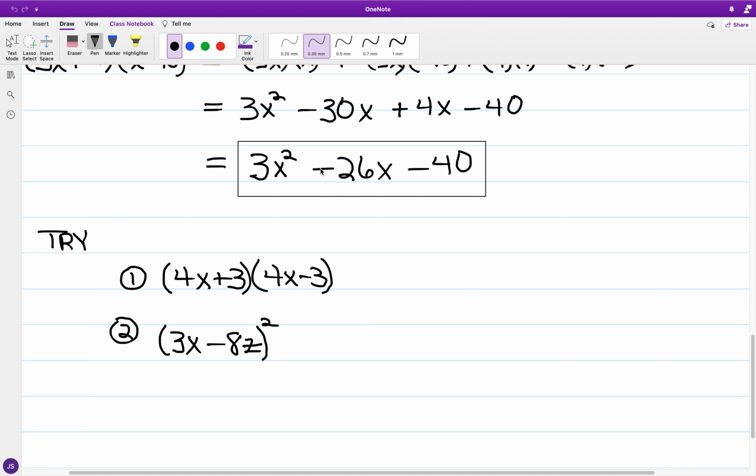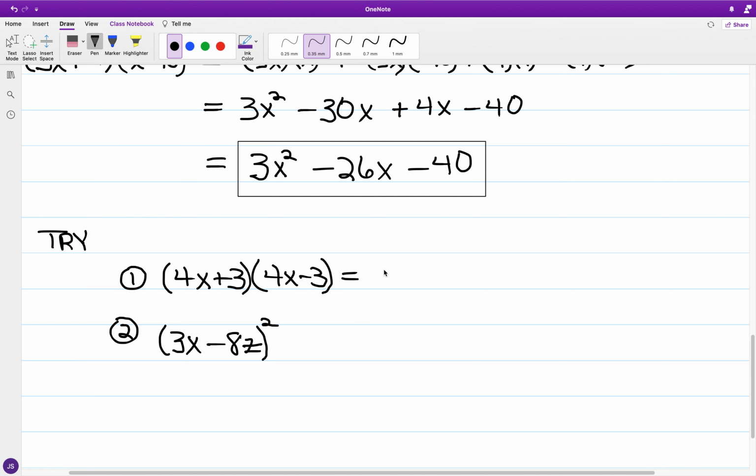Now for the first one, we have almost identical binomial expressions, except for the first one we have addition, whereas with the second we have subtraction. Again, you can use either the FOIL approach. For the quantity of 4x plus 3 times that of 4x minus 3, if you already see the result, that is fine. I'm just going to break this down incrementally.